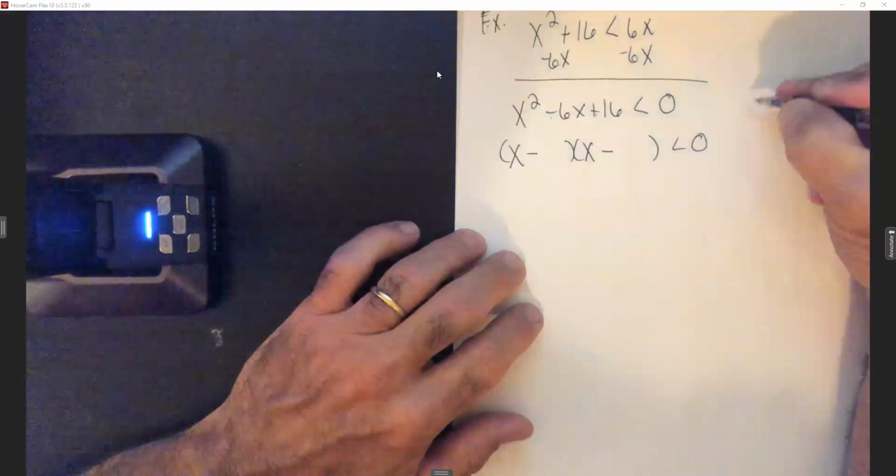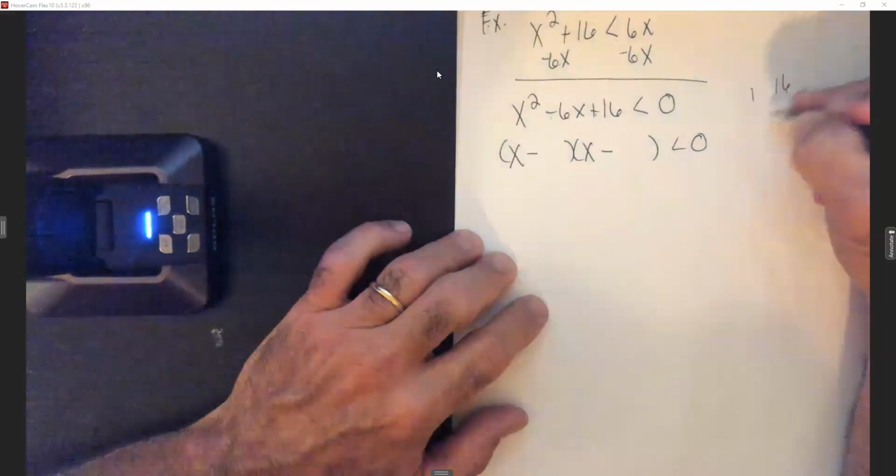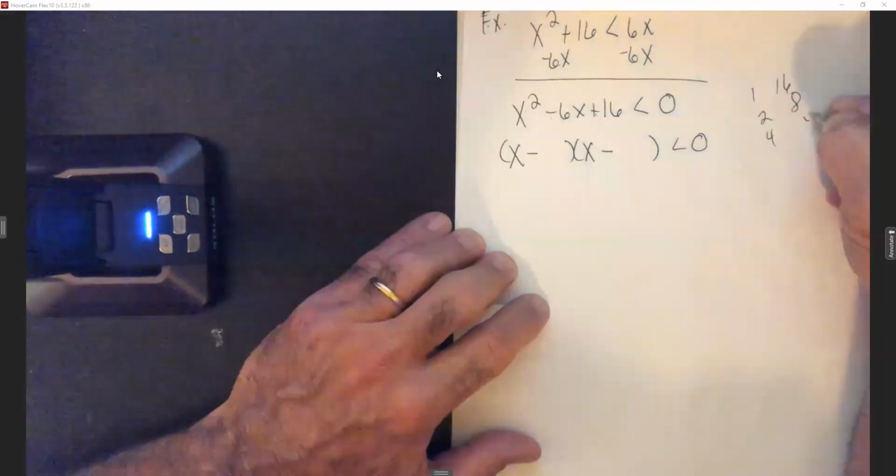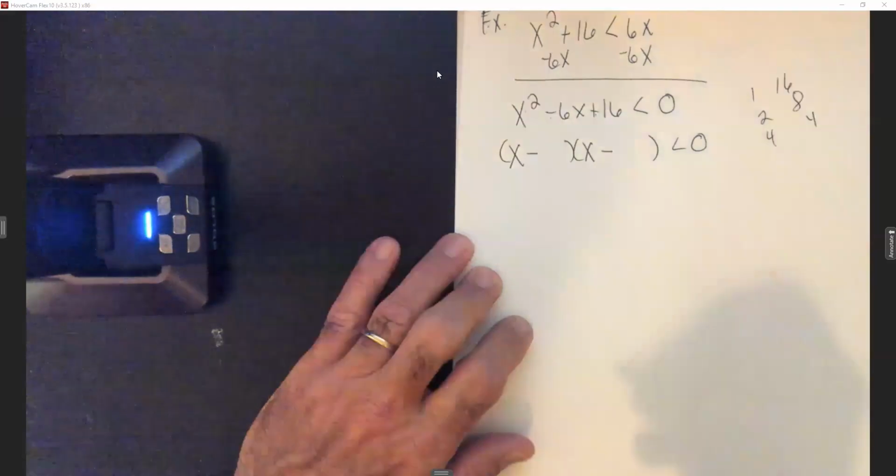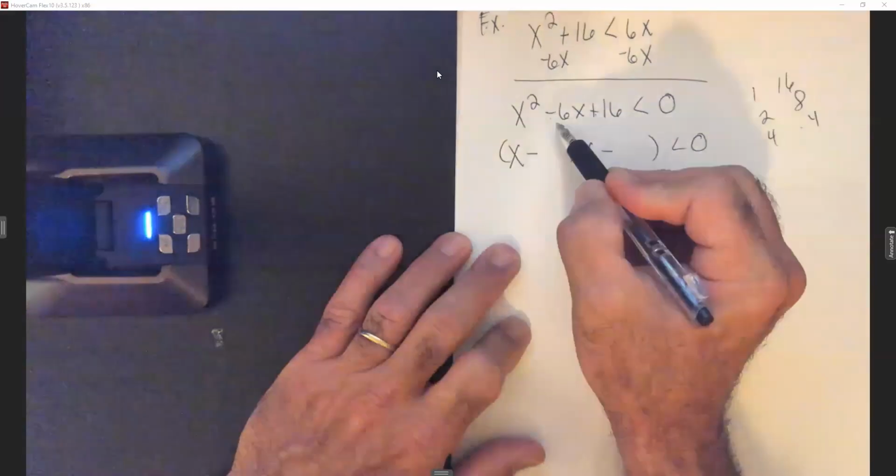What's next, y'all? 4 and 4 add to get 8. And y'all, that's the only ways to get 16, right? 1 and 16, 2 and 8, 4 and 4. So since none of these factors add up to get 6, this does not factor.